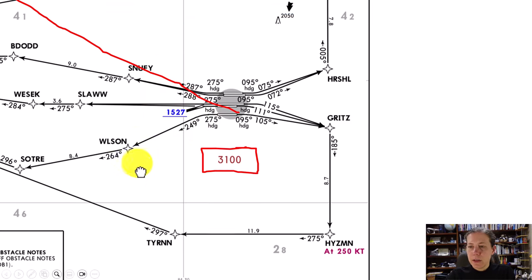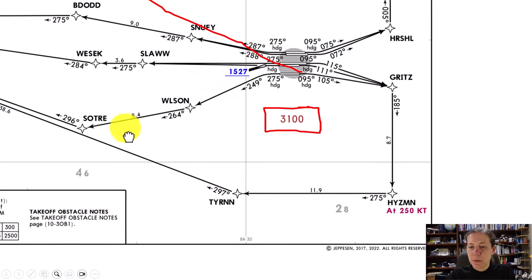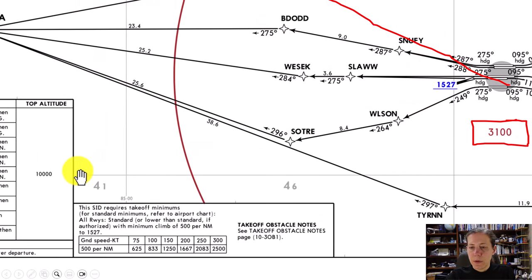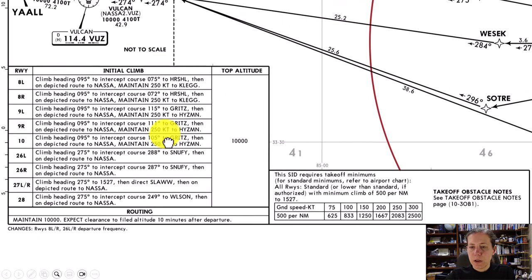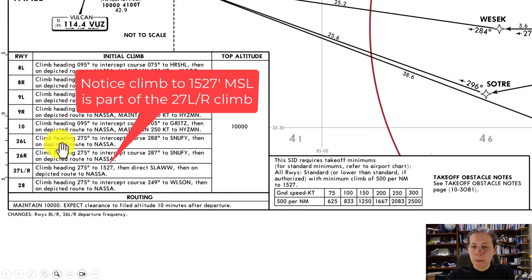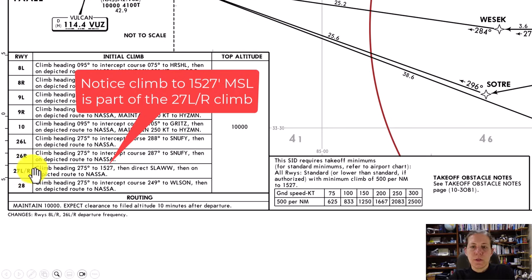Okay, so once again, this is the graphic description, but you also have a whole description of what you're supposed to do over here. And for example, that's 27 left and right. You are supposed to climb heading of 275 degrees to 1,527 feet. Oddly specific. I don't know where that's from Atlanta people, but whatever.